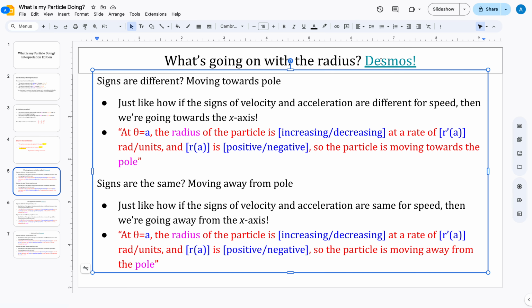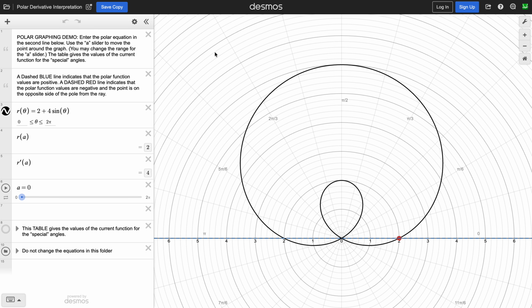So I have a Desmos right here where we have this lovely polar function. I want you to look at the original, so r of theta, and then look at the derivative and see what happens in terms of the radius as I am moving it.